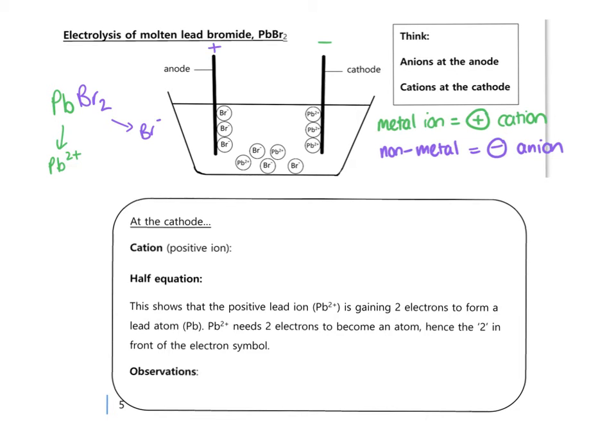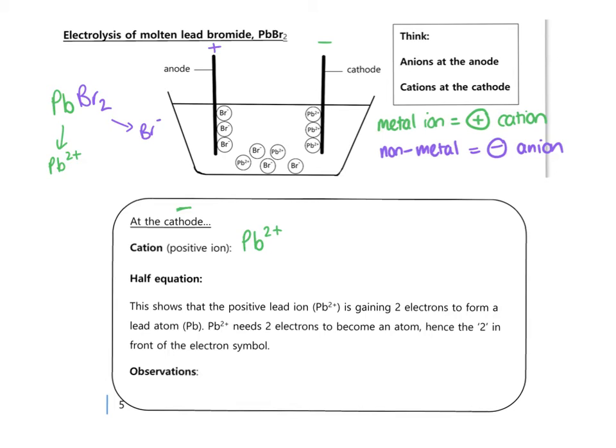But we're looking now at the cathode, and so what we see is at the cathode our lead ions are attracted to it. So our cation here, attracted to our negative cathode, is our lead ions, Pb2+.